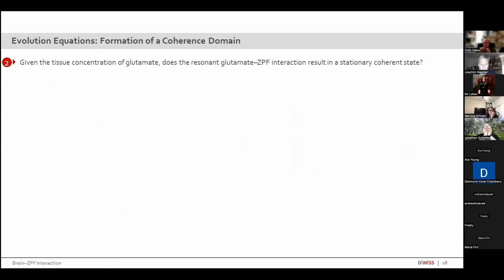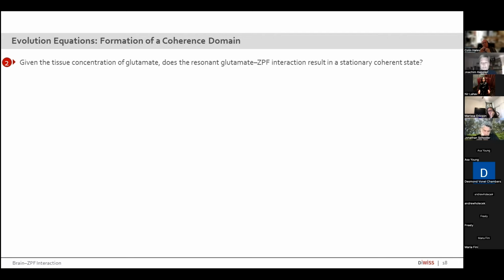The next question is now, obviously, the peak concentration in the synaptic vesicles, the peak concentration in a microcolumn, is sufficiently high to trigger this process. The next question is, given the tissue concentration, which is lower and which decelerates this evolution process, does this concentration result in a stationary solution?